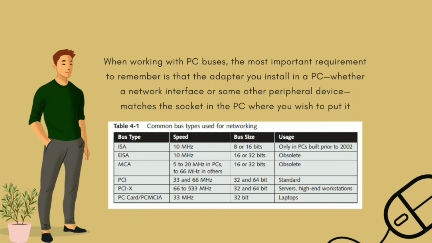So when working with PC buses, the most important requirement to remember is that the adapter you install in a PC, whether a network interface or some other peripheral device, matches the socket in the PC where you wish to put it. As you become more familiar with what's inside most PCs, you'll quickly recognize that most incorporate slots for more than one bus type.